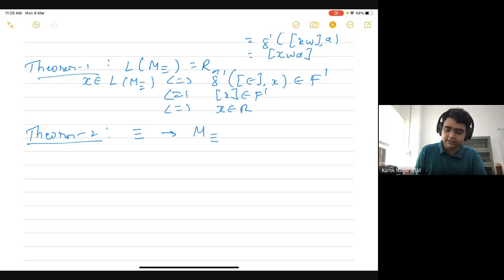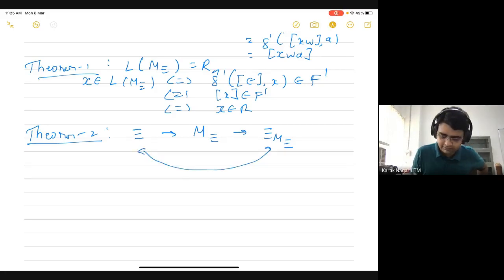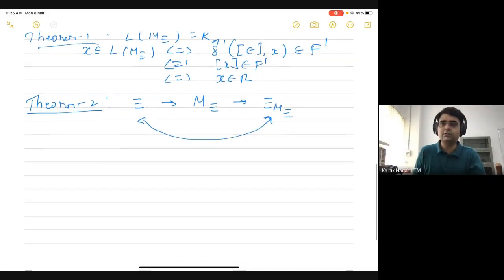And then from this DFA, I again construct its Myhill-Nerode relation. Remember that this relation is constructed from this DFA, so it would say that two strings are related if and only if they take the start state to the same state of this DFA. So you can show that these two relations are basically the same. That's what we are going to show.